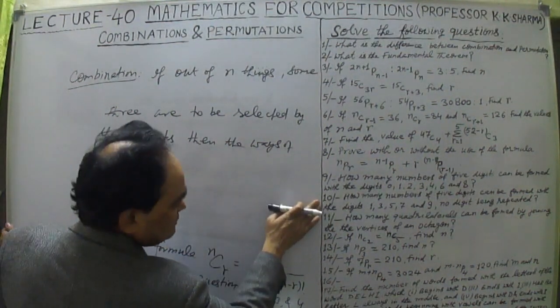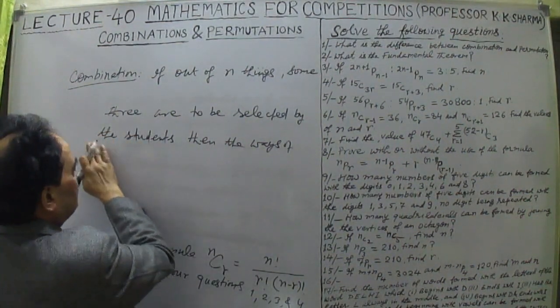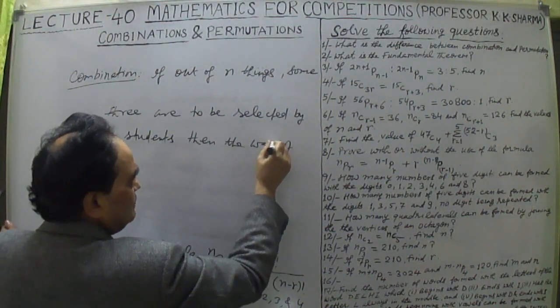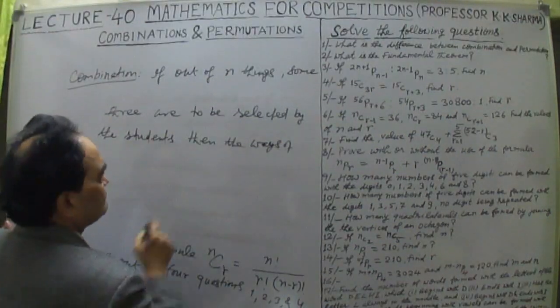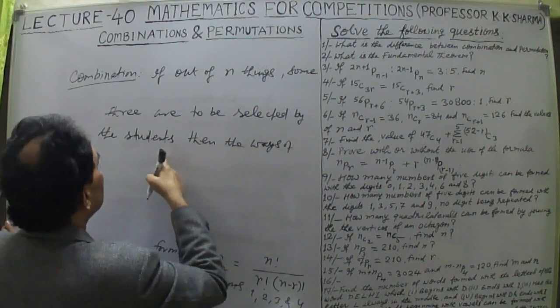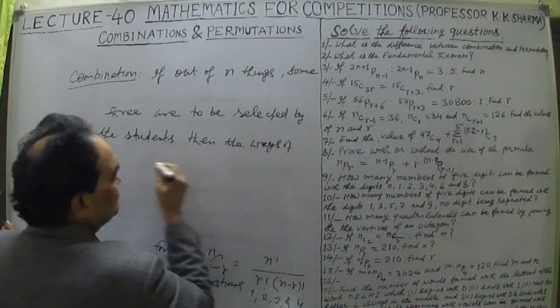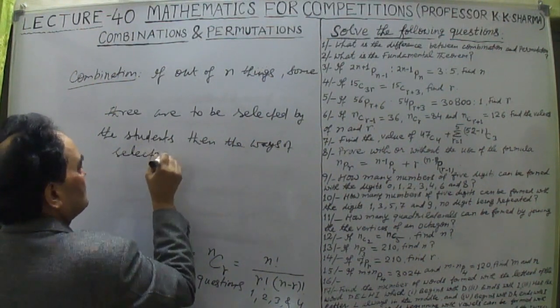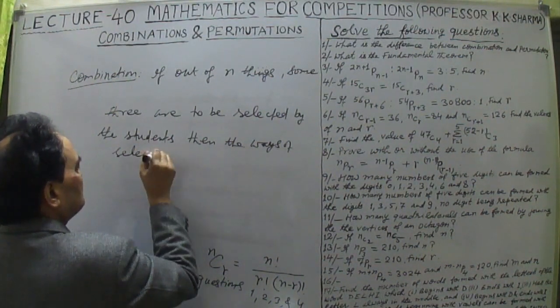Order is not there. Only 3 questions are to be done out of these 4. What is the way of that? Then the students, the basis of selection of questions.